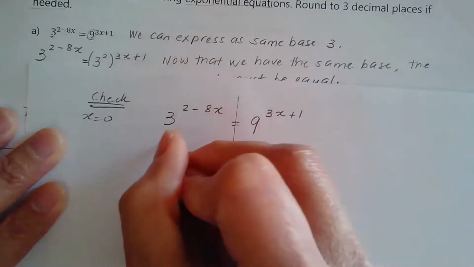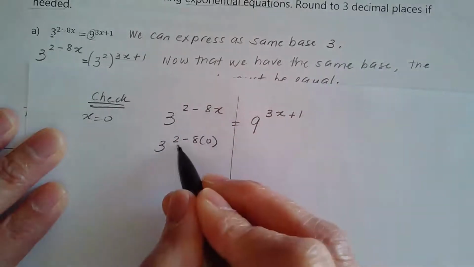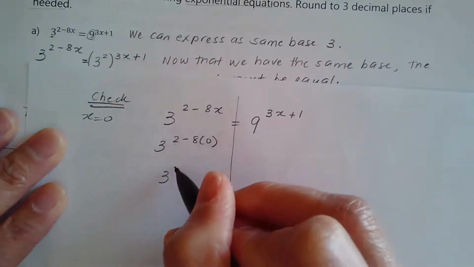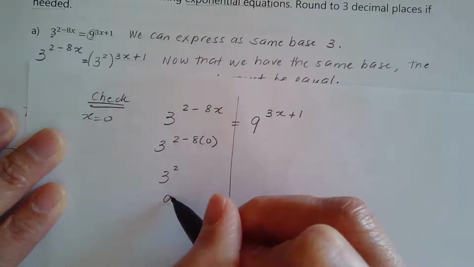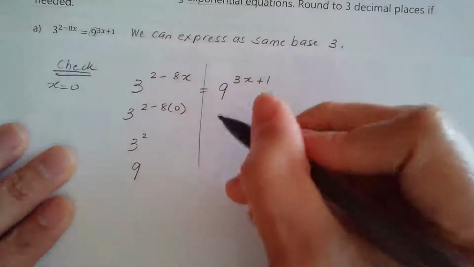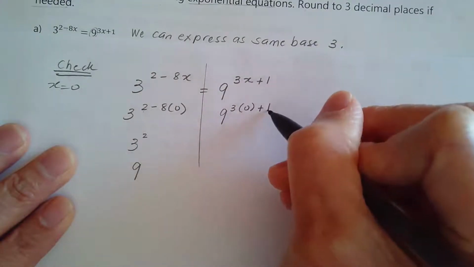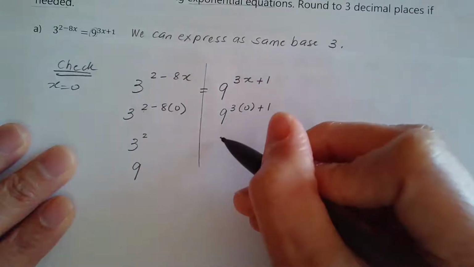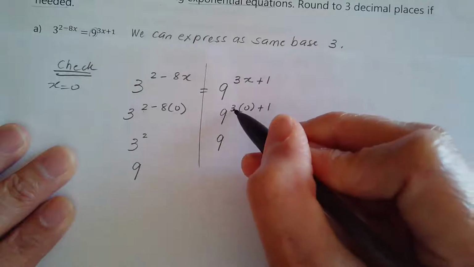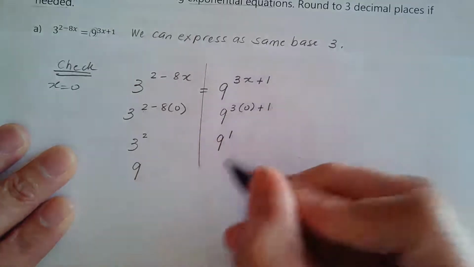It becomes 3 to the exponent 2 minus 8 times 0. Evaluating this, it is 3 to the exponent 2, which equals 9. On the other side, 9 to the exponent 3 times 0 is 0, plus 1 is 1, so that gives us 9.